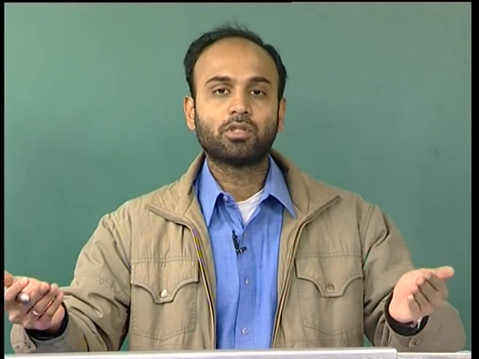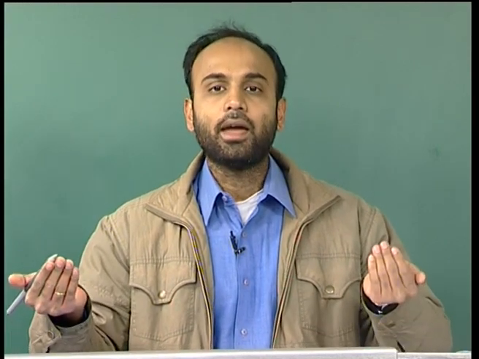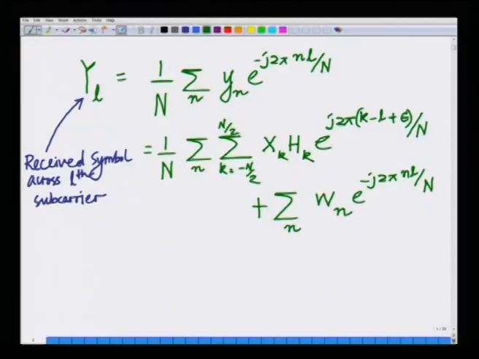One is the desired part, which is what I am supposed to receive on the Lth subcarrier, that corresponds to k equal to L, and then the interference part, that corresponds to all k not equals to L. So, I am simply going to write this as a summation of two terms.